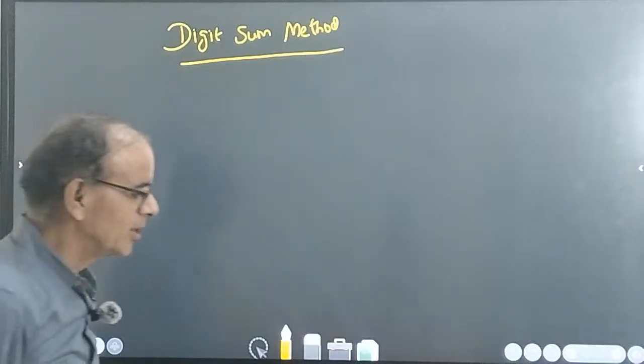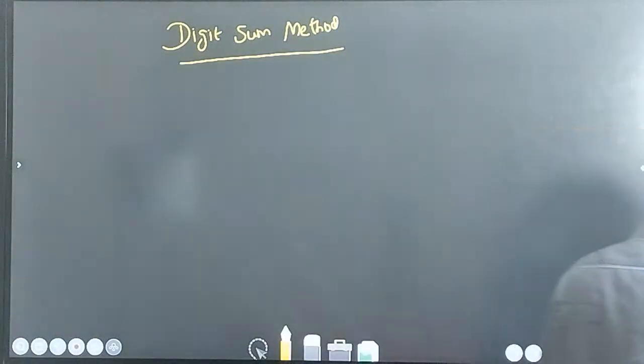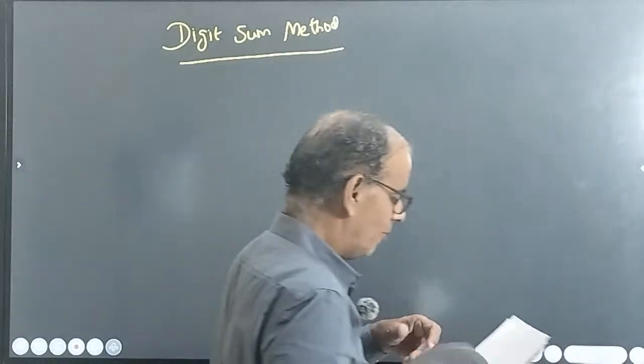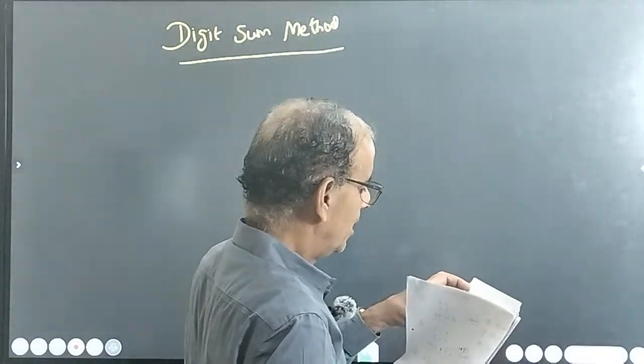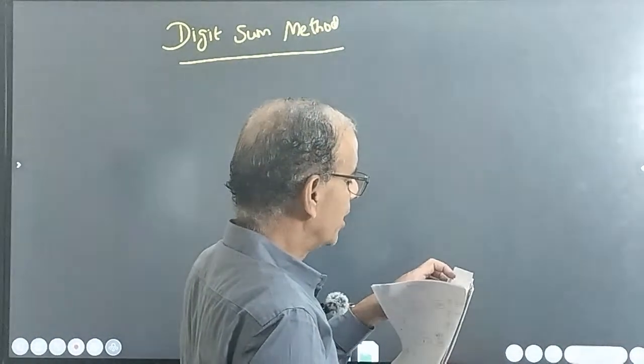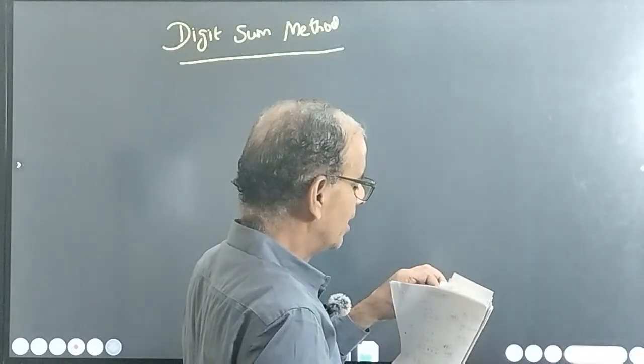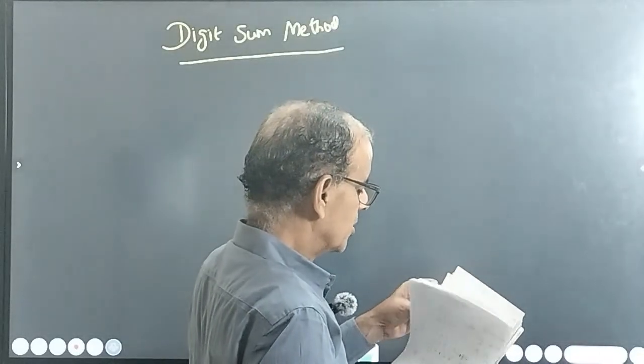Nearly 70 to 80% of the questions it will work out. When it will work and when it will not work, that I will tell. Accordingly you can use it for the questions.